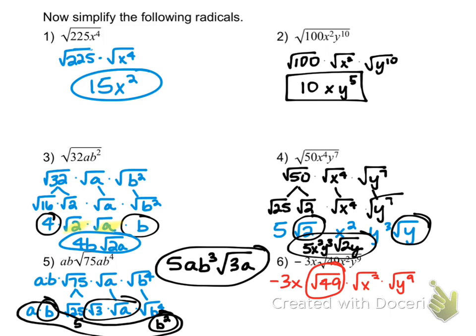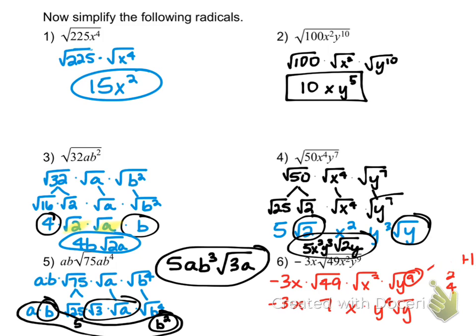The square root of 49 is 7. So I have negative 3 times x times 7 times x, because remember the square root of x squared is x, and then times y to the 4th square root of y. Remember again that this becomes basically 8 plus 1, and once you take this and divide by 2, you get 4, and then you leave your 1 right here. So that's where the 4 and the 1 comes from.